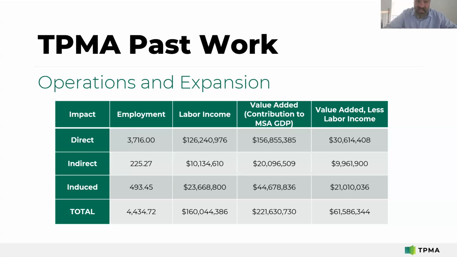So, this is an example of the direct, indirect, and induced impact. And this was for the operations of an entity. And this was within the state of Indiana, but we were focused on a specific MSA, Metropolitan Statistical Area, which is another important point. You can run these impact analyses really at a very finite level.